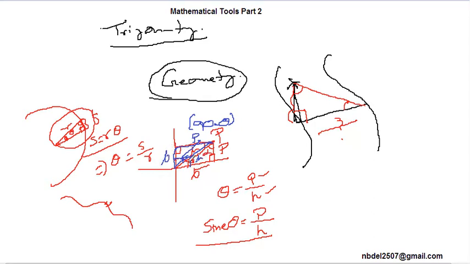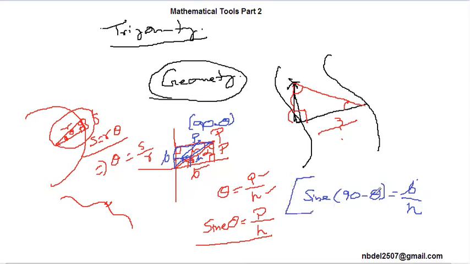So in this triangle I can say sine of 90 minus theta is equal to, now this is my arc, this B is my arc, this is my center, so S is equivalent to B here, and I will write B here, and R is the same, that is my H. So this is a new format.